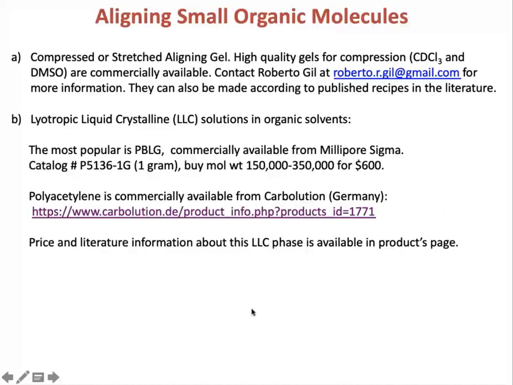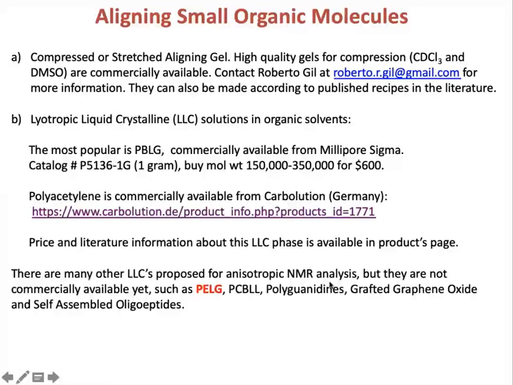Here is the link, and the price and literature information about these phases is available on the product page. But Carbolution is in Germany. There are many other LLCs proposed for anisotropic NMR analysis, but they are not commercially available, yet, such as PELG, PCBLL, polyguanidine, and recently graphene oxides and self-assembled oligopeptides.